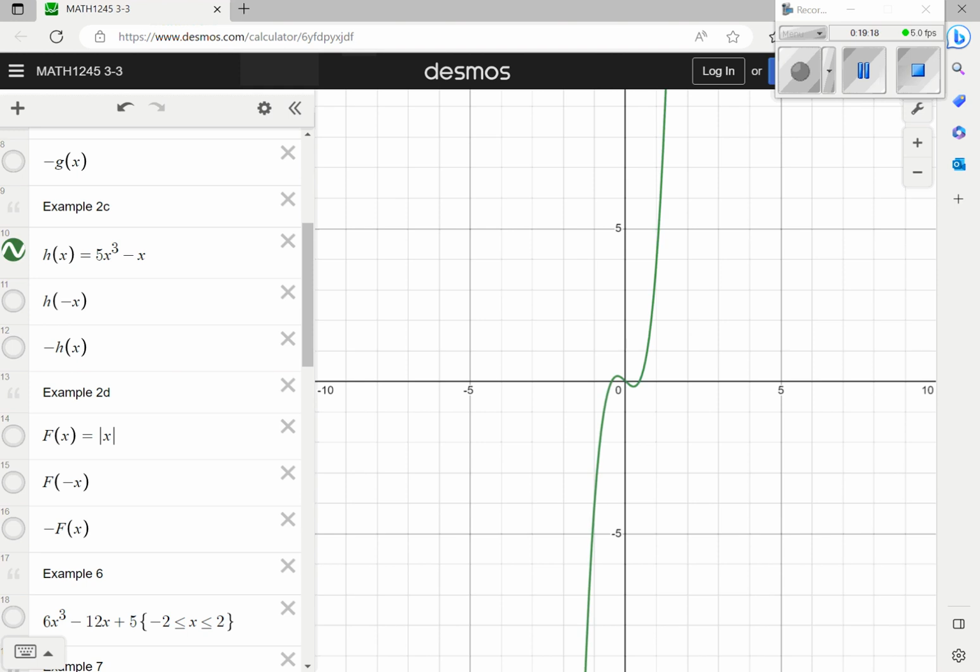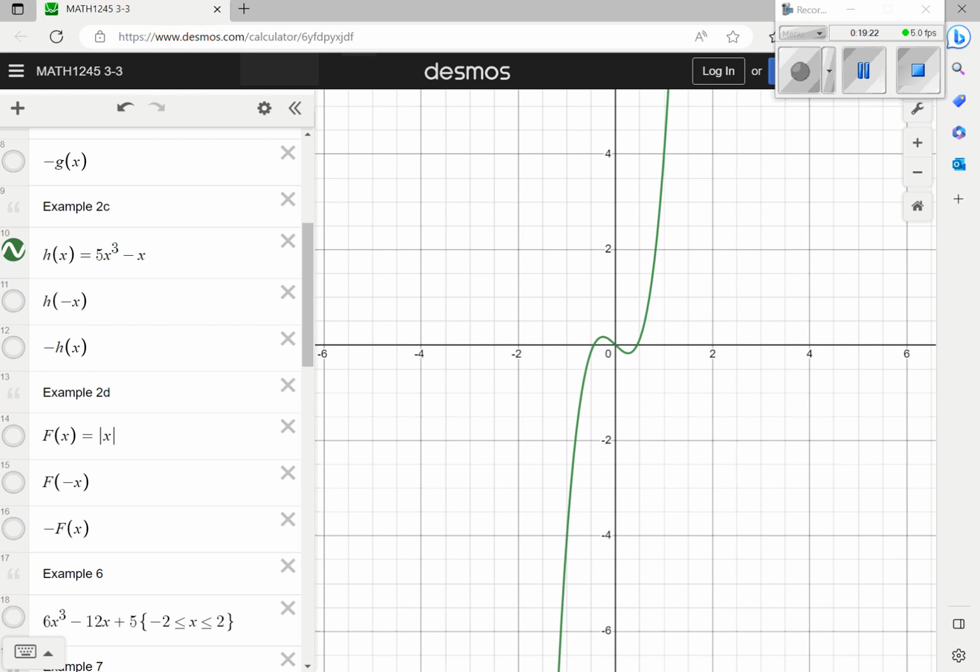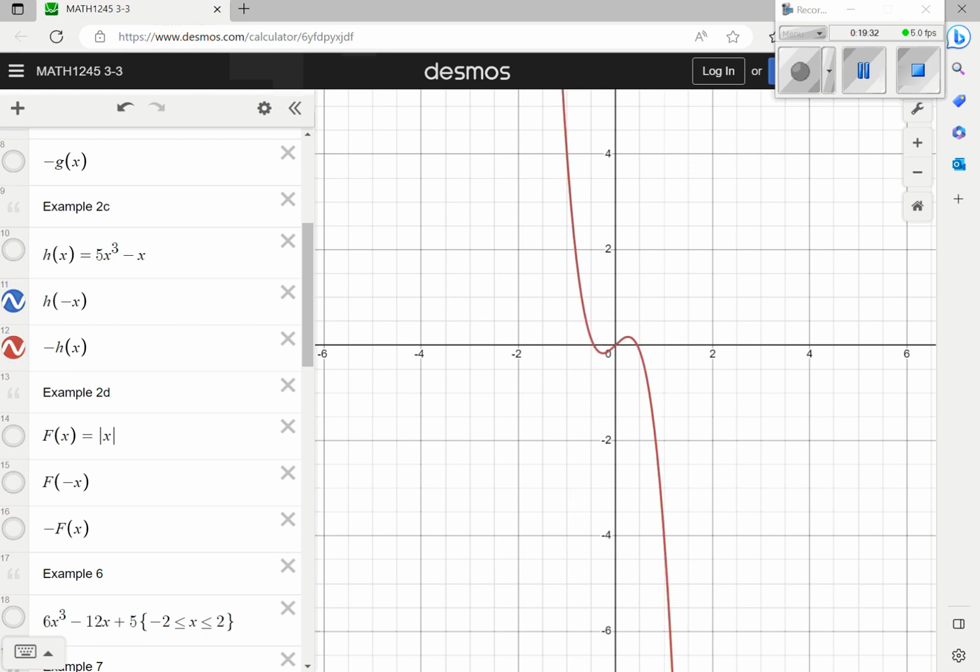So here's this particular graph, okay? And what happens with h of negative x? Is h of negative x the same as the negative of h of x? And we see it is. So if I go ahead and toggle it back and forth, that ends up being the exact same graph. So that indicates that that is an odd function.